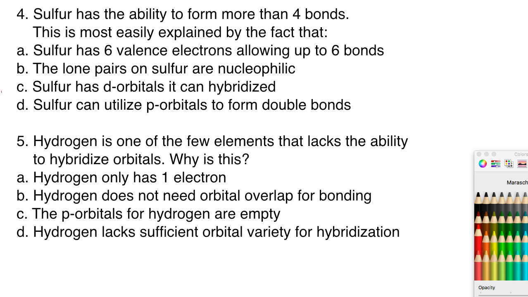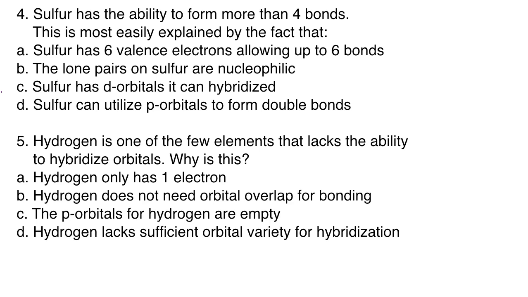And to prove that to you, if we take something in its class, meaning the group that we find it in, we can go right above sulfur and we would find oxygen. Now oxygen has 6 valence electrons. However, oxygen is only able to form 4 bonds, despite the fact that it has 6 valence electrons. So this would not be appropriate reasoning.